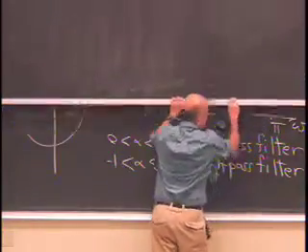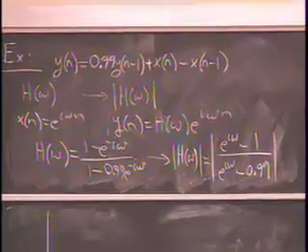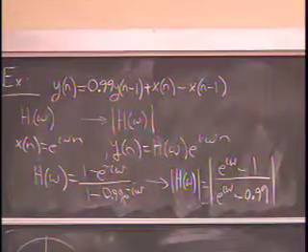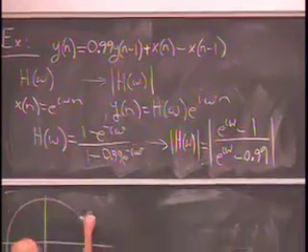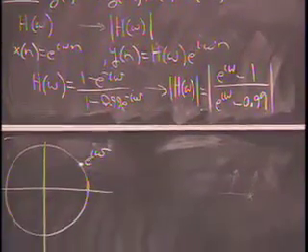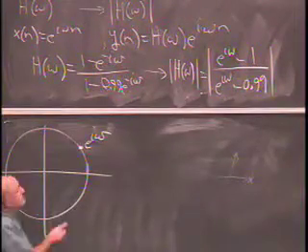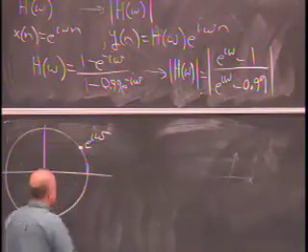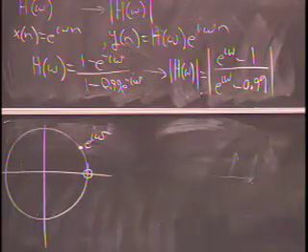So when I draw this on the unit circle, I have e to the I omega sitting somewhere on the unit circle. Okay? I have a 1 in the numerator. I'll designate that with a hollow circle. That's 1.